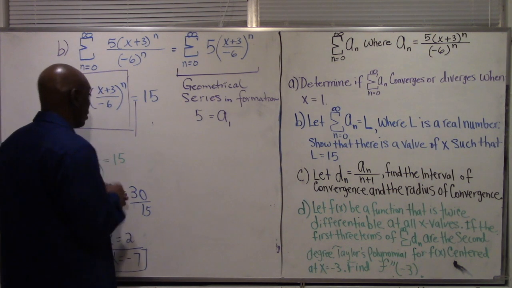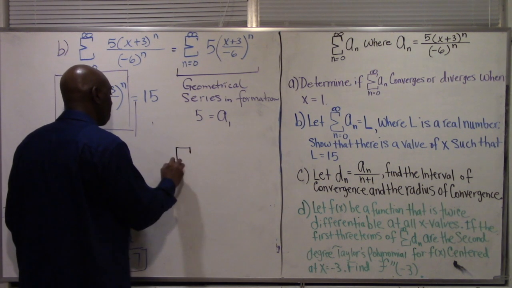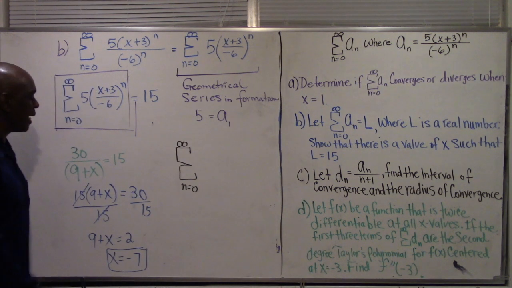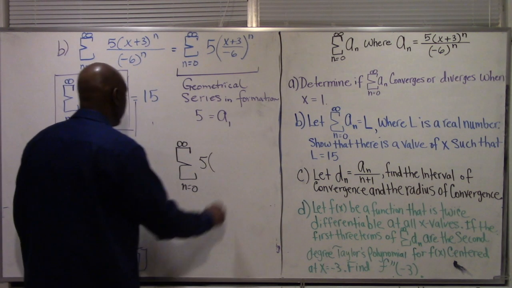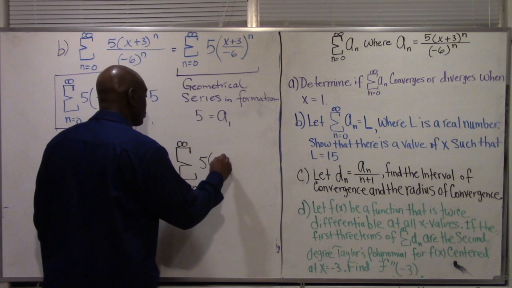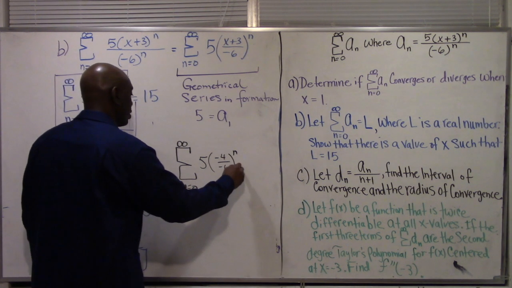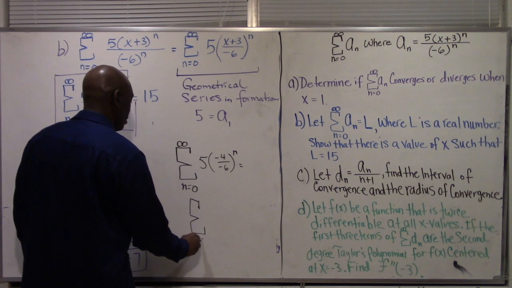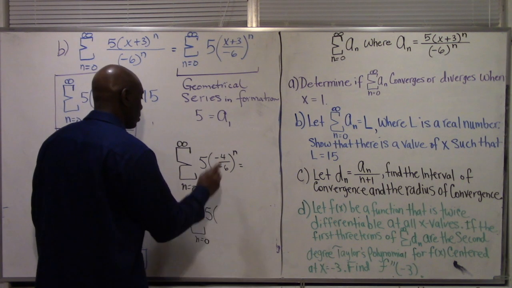So here we go. If we plug it back in, so I have the sum, n goes from 0 to infinity. Alright, take -7, put it right in there. We're going to have 5 times -4 over -6 to the n, which equals the sum n equals 0 to infinity of 5 times, what is that, 2/3?